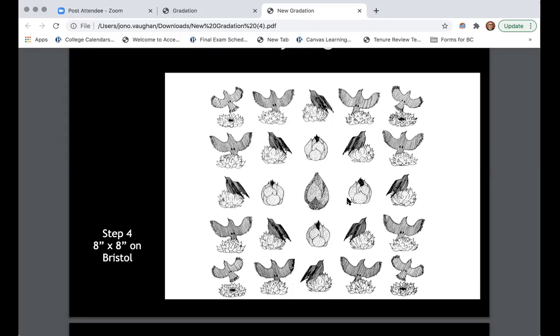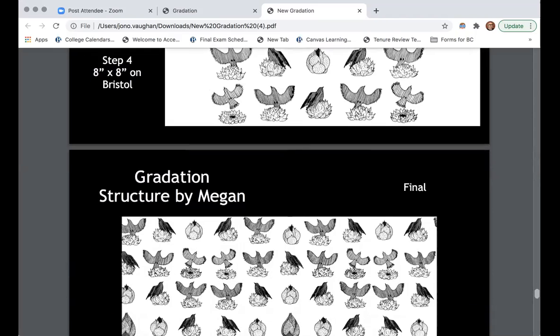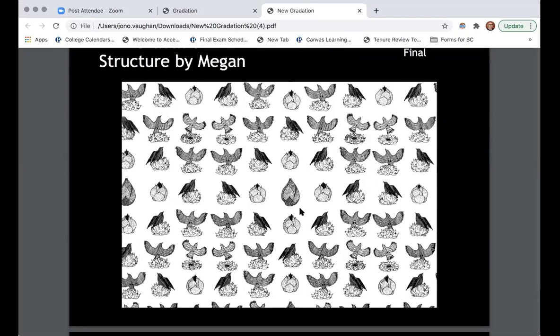Or it could be an idea of a gradation of time where we have the flower and then the bird comes onto the flower and then perhaps slowly over time the flower gets small and the bird gets bigger. This was her final structure, 17 by 11, and I think very successful.